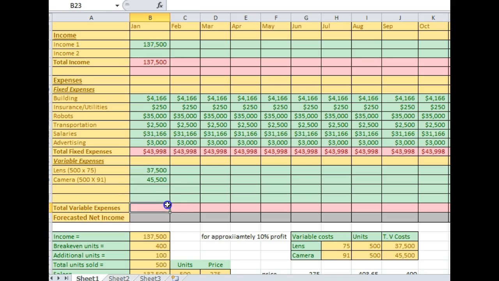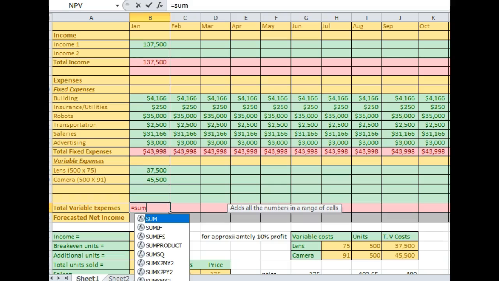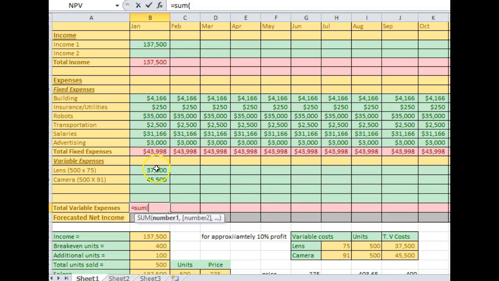So now what's my total variable expenses? Well, that's going to be the sum of those two. And we just hit enter and we find out it's $83,000. So now I should be able to take the income and subtract the total fixed expenses and subtract the variable expenses and have close to $10,000 in net income.